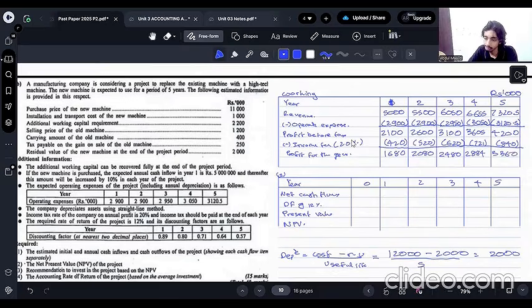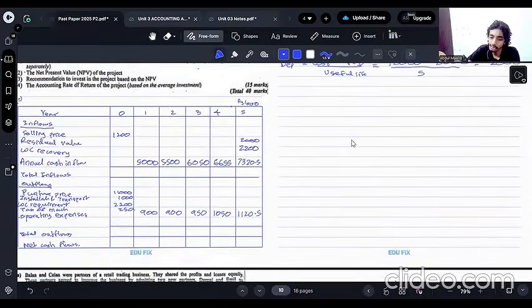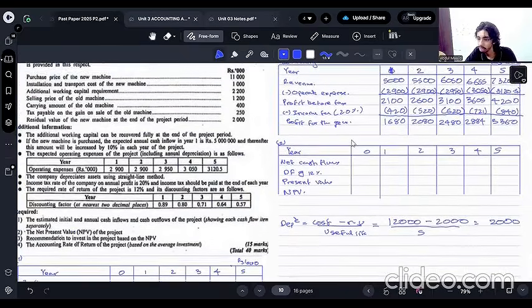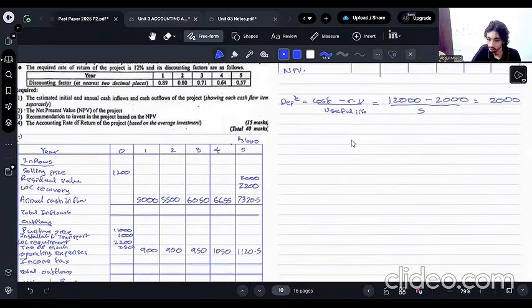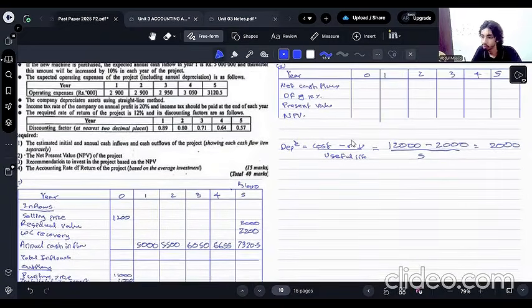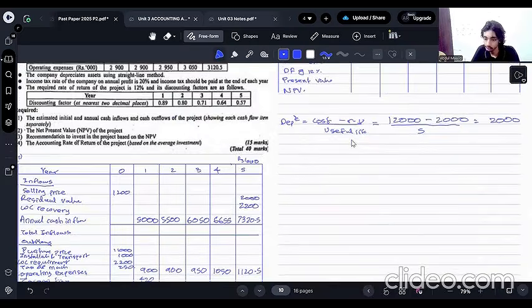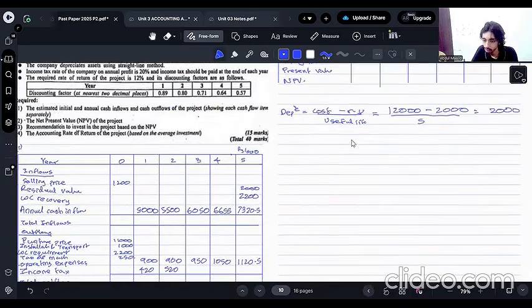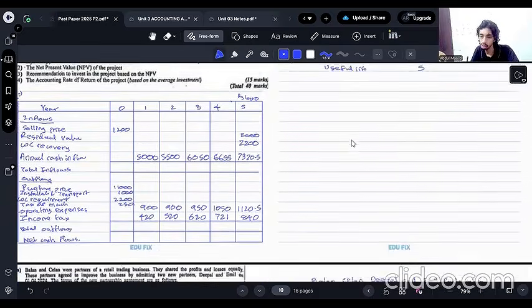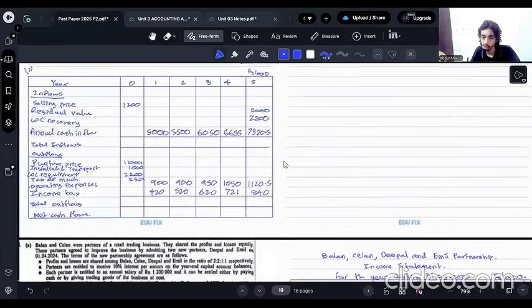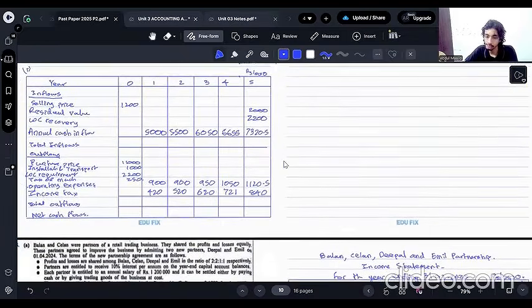Now this income tax is being paid every year, so you have to record it as a cash outflow. You're going to say income tax: 420, 520, 620, 721, and 840. So now all the cash flows are recorded. You can find your total net cash flows.